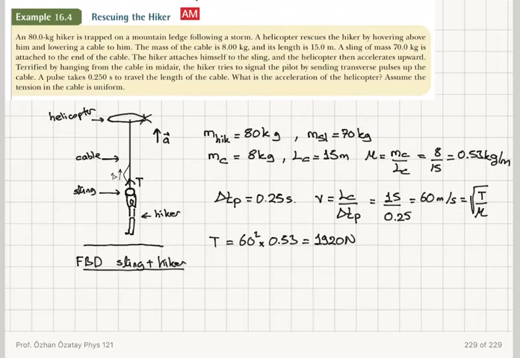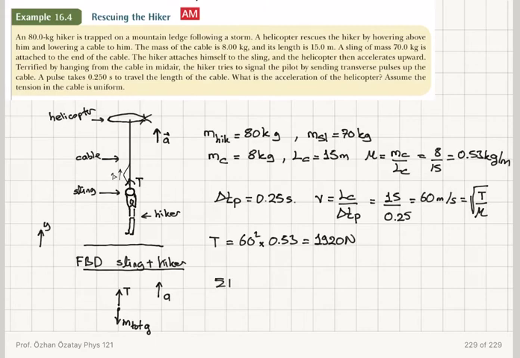There will be a total mass here, m total g, and there will be the tension T in the cable, and as a result the system is accelerating upward in the y direction.